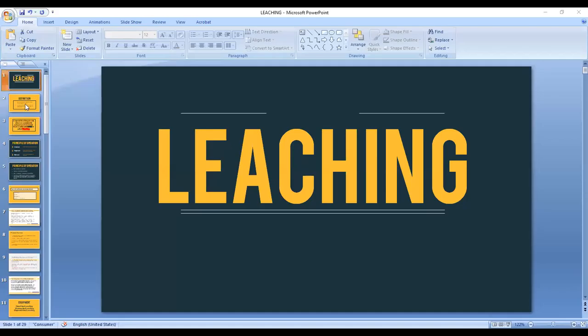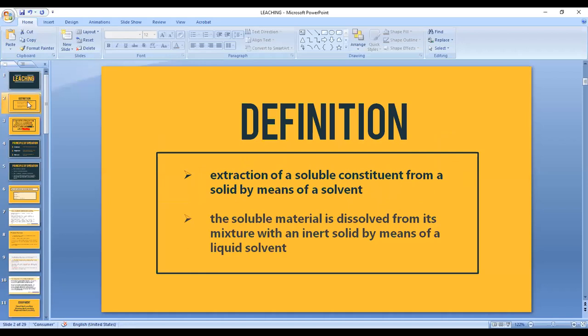So for leaching, this time you won't have a liquid and a liquid, or a liquid forming a vapor. But this time you will have a liquid and a solid. So this is the extraction of a soluble constituent from a solid by means of a solvent.